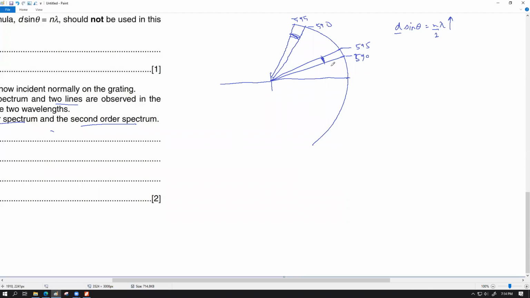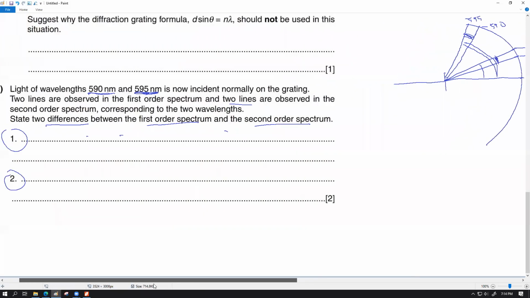Or you can say that first order maxima are produced at a smaller angle, and second order maxima are produced at a bigger angle. This is also a difference: for any of the wavelengths, the first order maxima is produced at a smaller deflection angle from the central maxima, and the second order maxima is produced at a bigger angle. So these are the differences that I can think about. I actually covered three differences over here.